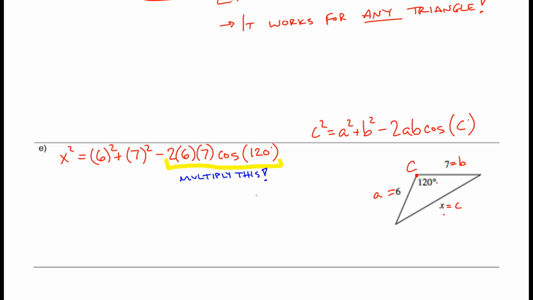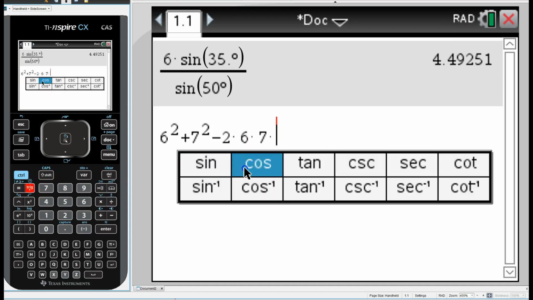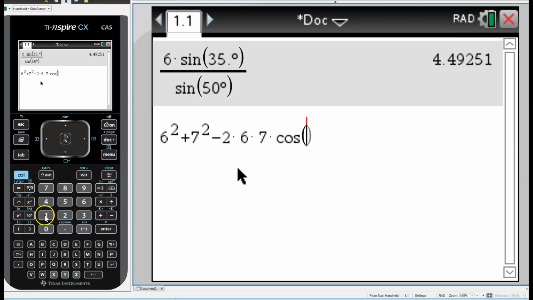If you know how to use your calculator, you don't even have to worry about that because your calculator knows the order of operations. Here's what I mean by that. So we have 6 squared plus 7 squared minus 2 times 6 times 7 times the cosine of 120 degrees.